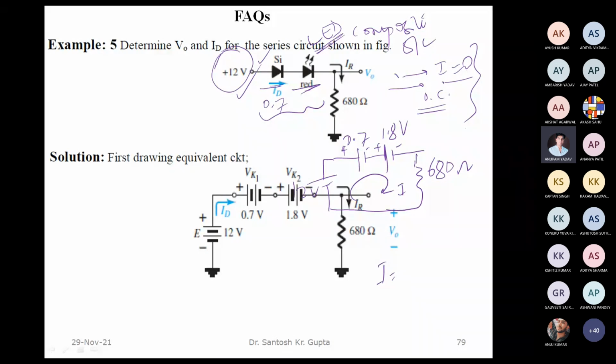The current I can be found to be equal to 12 minus 0.7 minus 1.8 divided by 680. So this will be the current here. I hope everyone is able to write the KVL equations. I don't need to explain how to write the KVL equation for such a simple loop.